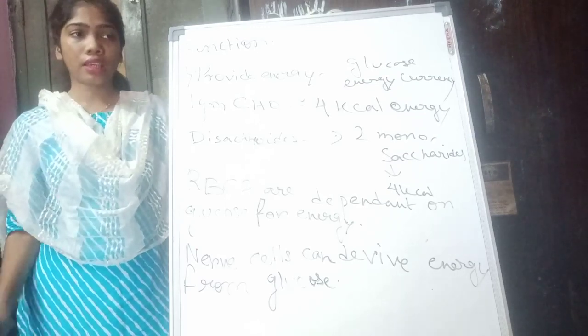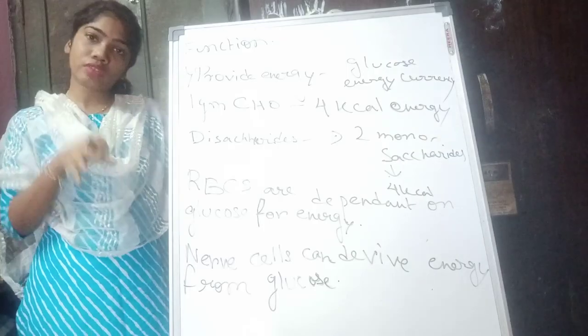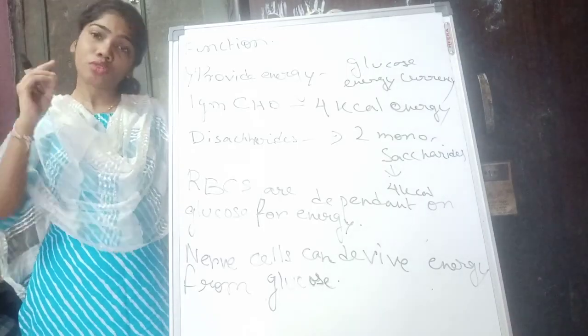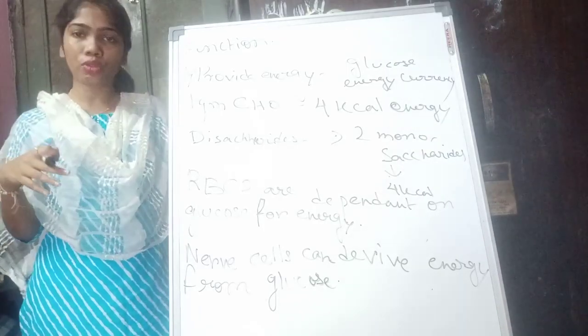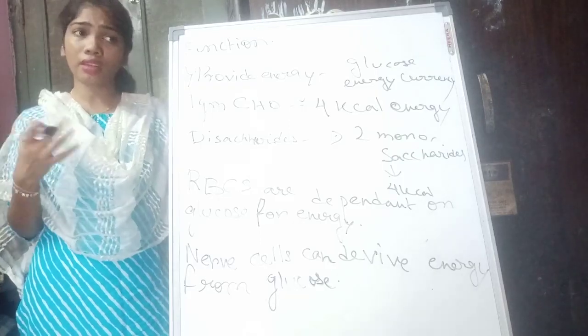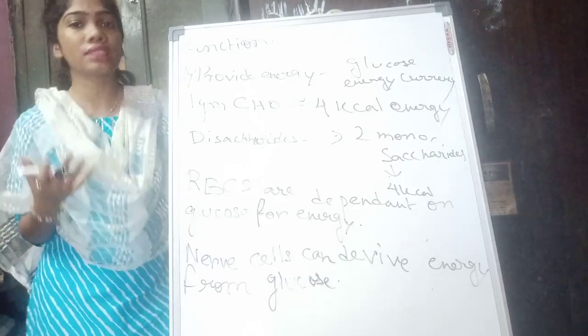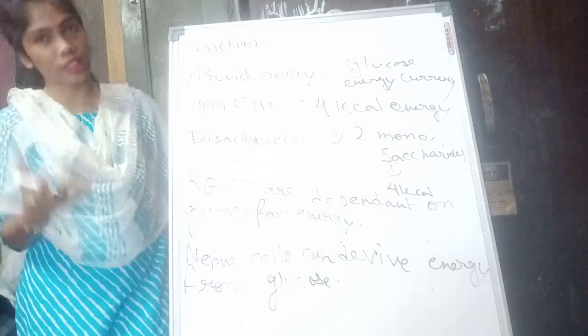And another thing is our nervous system is constantly working. So whenever there is a lack of glucose, you can understand it easily, because you will not be able to concentrate on what is being discussed in front of you.